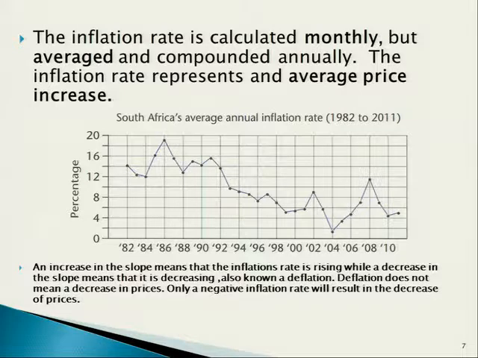But now look at the last part of that. It says deflation does not mean a decrease in prices. Only a negative inflation rate will result in the decrease of prices. I'll repeat that again.